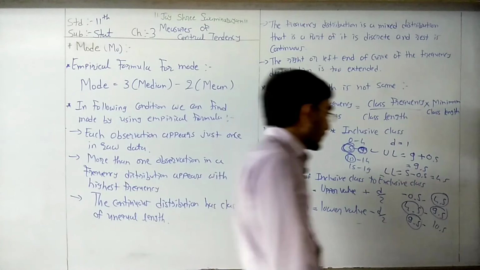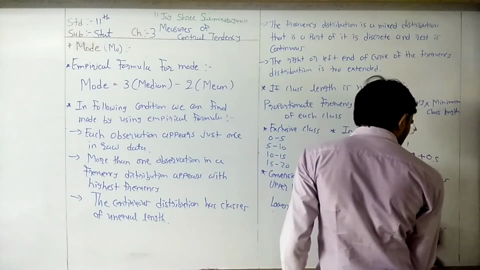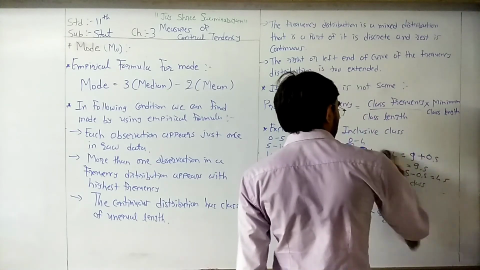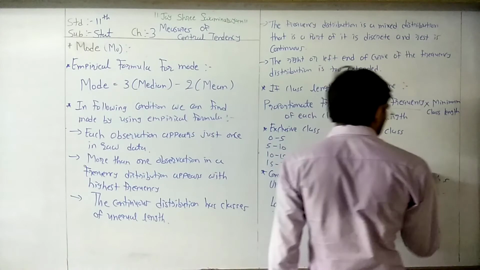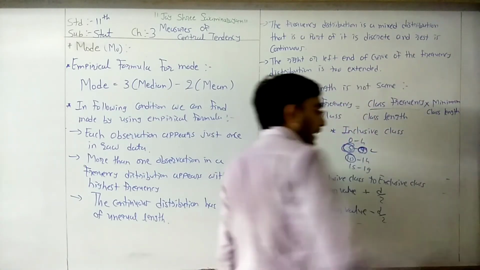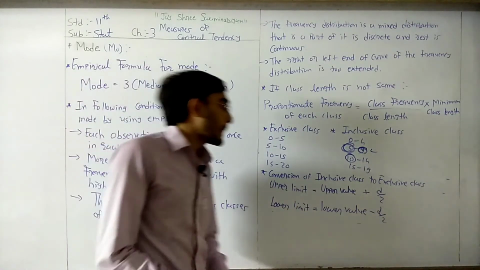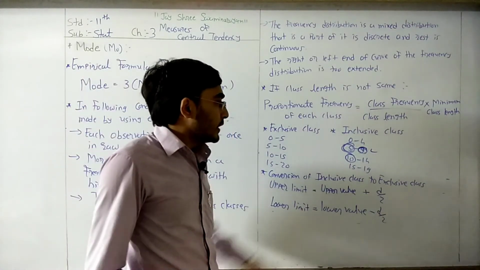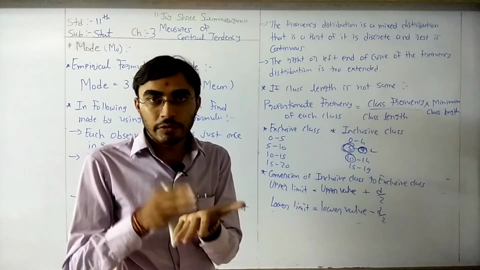So in median and mode we just want our modal class and median class to be in the form of exclusive class. If we have some difference here, then we need to divide the difference by 2.